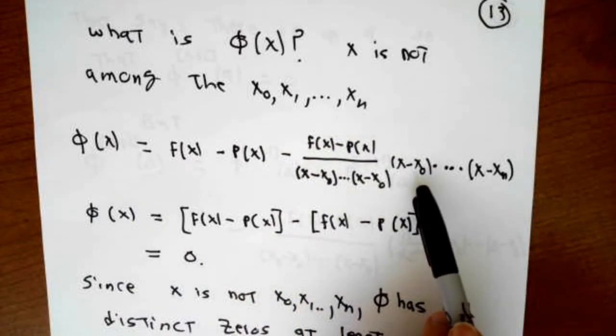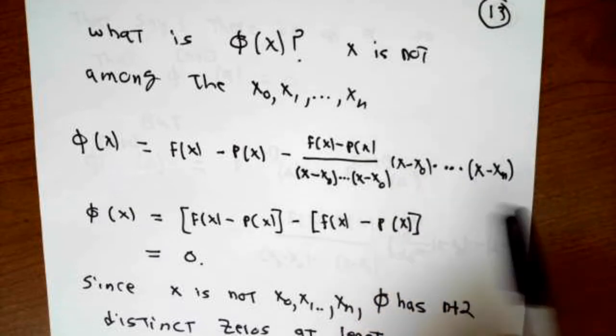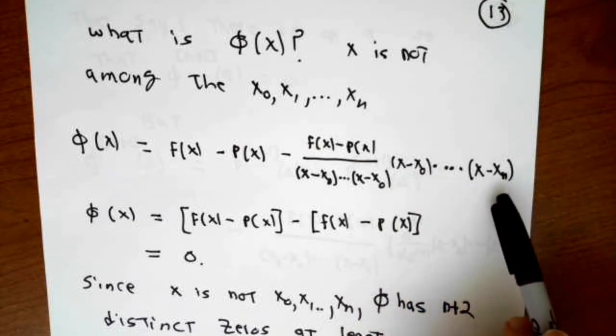When I substitute s equals x in, these factors turn into s minus x0 becomes x minus x0, and so forth, until s minus xn turns into x minus xn.